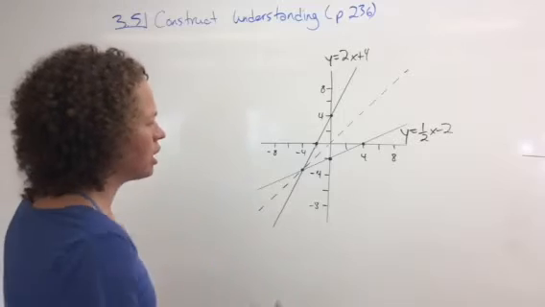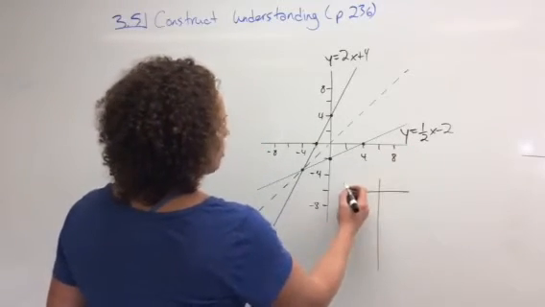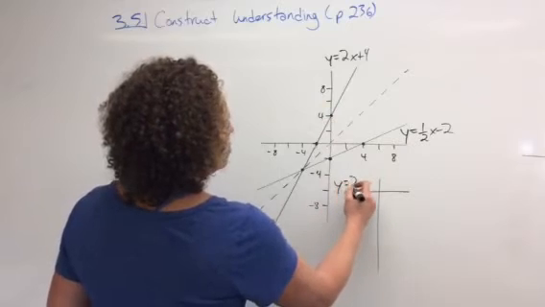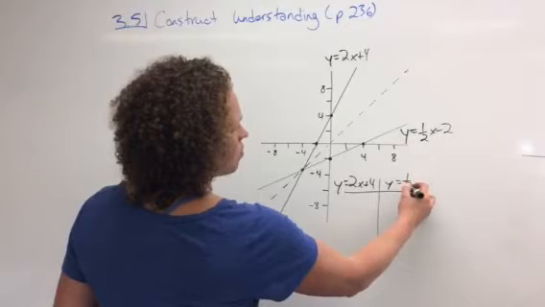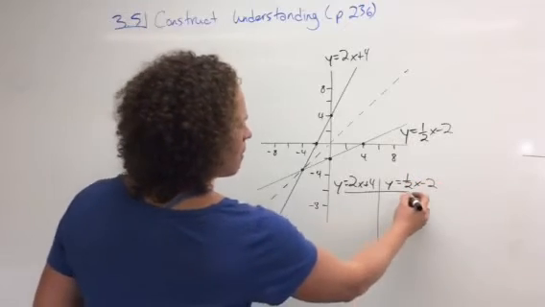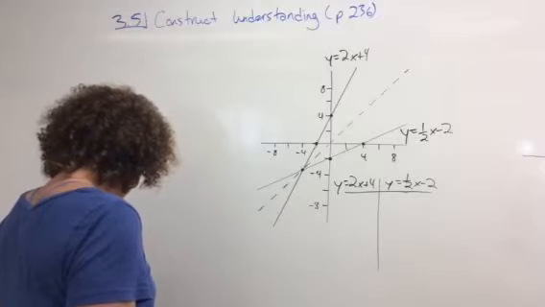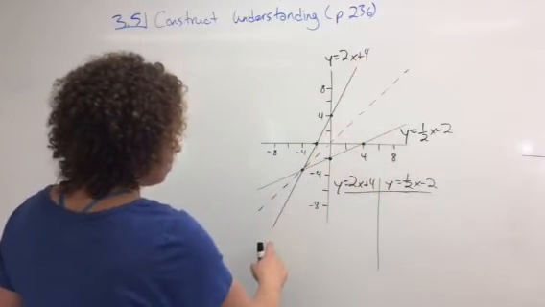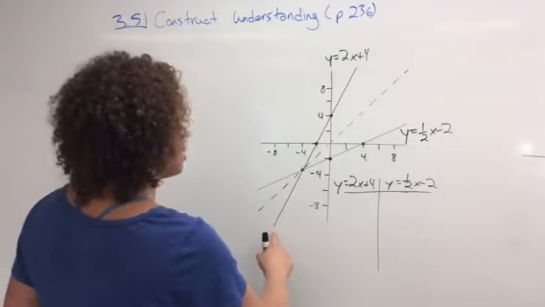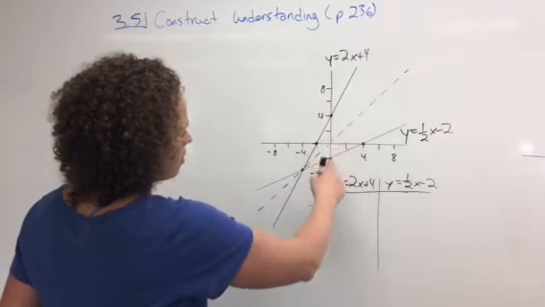So if we were to look at this graph and make a list of the points for y equals 2x plus 4 as opposed to y equals 1/2 x minus 2, then on this line here I can see that I have the point 0 and 4.